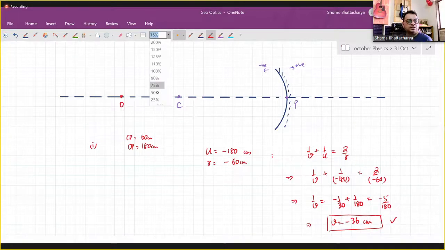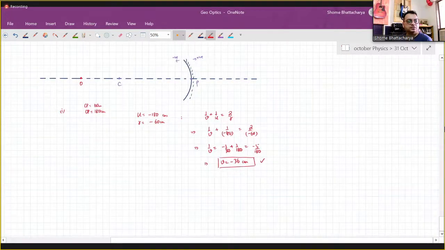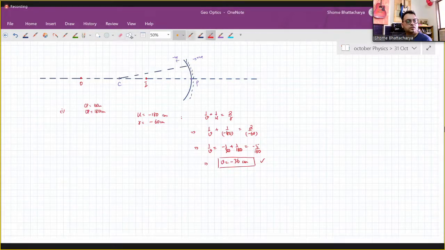So what is the interpretation of this? v is negative. That means the image will be on the left, at 36 centimeters, and this is 60. So the image will be somewhere here. This corresponds to the ray diagram of the type we had discussed earlier. It's a bit like this. Just imagine these rays to be paraxial.